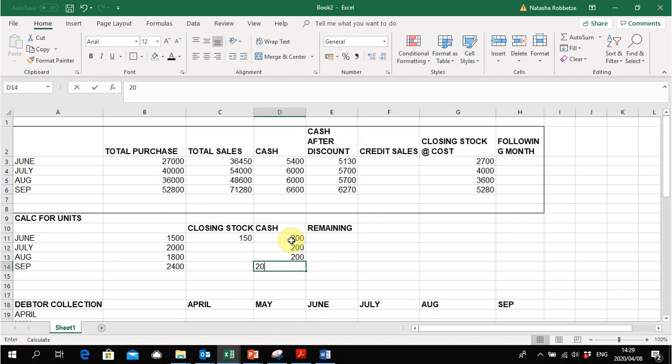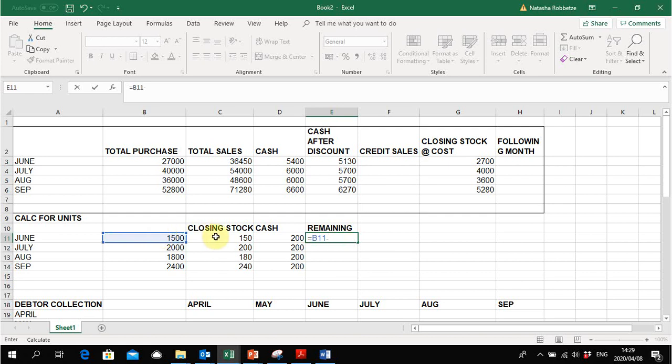So that one we can just fill out. This should be 200, 10% there, 180, 10% there, 240, 10% there. So the remaining units are then the units that are available for credit sale.